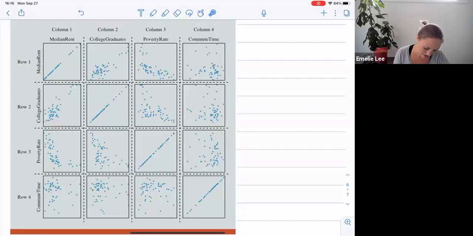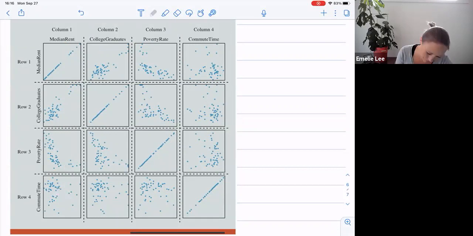But by doing this, I can look and see how the median rent relates to the college graduates, the poverty rate, the commute time. And this is going to let me quickly pick up the strongest relationships, maybe the most interesting relationships, right?